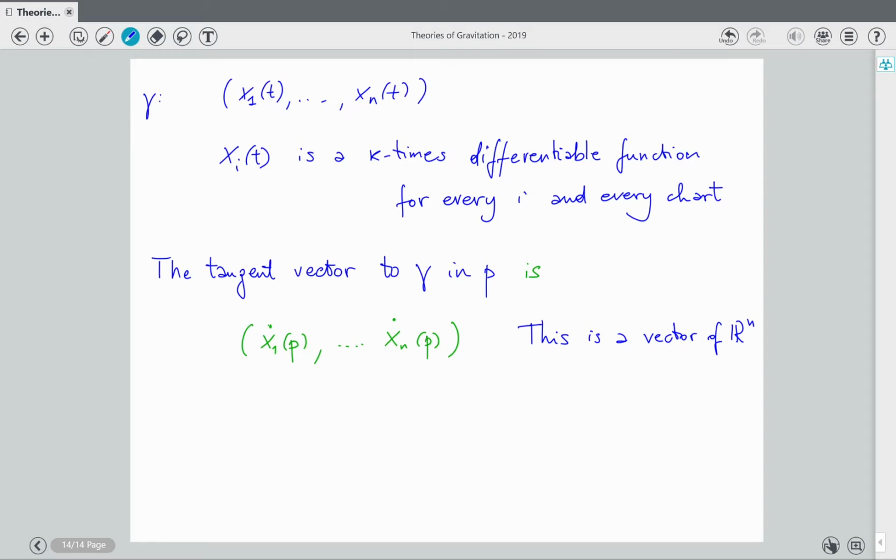We say that two curves are tangent to each other.